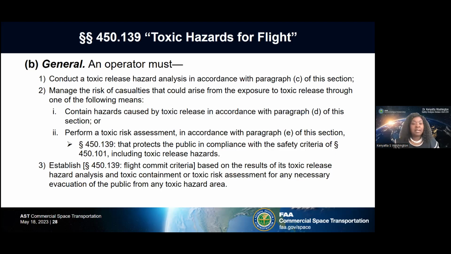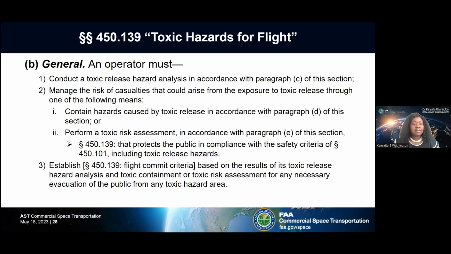Generally speaking, an operator must conduct a toxic release hazard analysis in accordance with paragraph C of this section. An operator must also calculate or manage risk of casualties that may arise from exposure to potential toxic release. And the operator must perform a toxic risk assessment to ensure public safety.